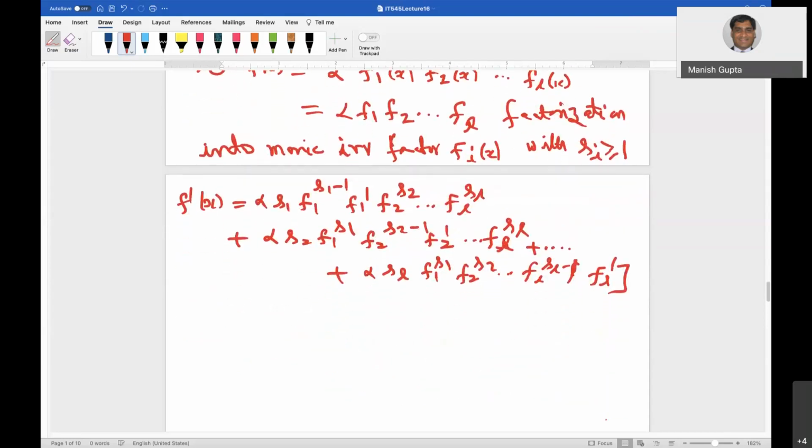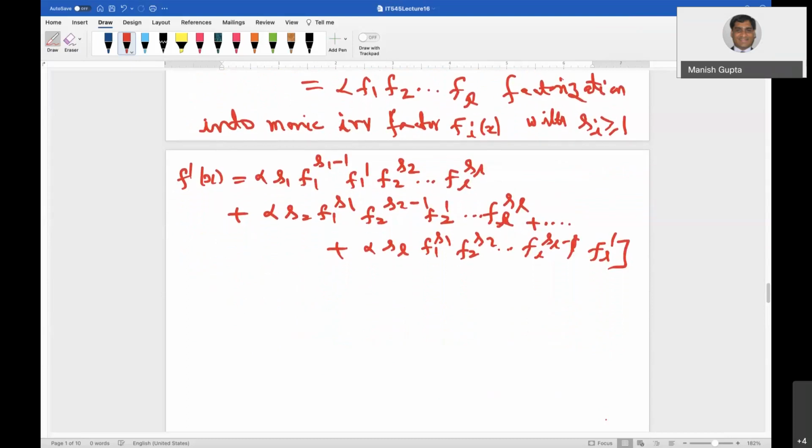Product, component wise, we can do differentiation, right? So now once we have this, I can take certain things common here.